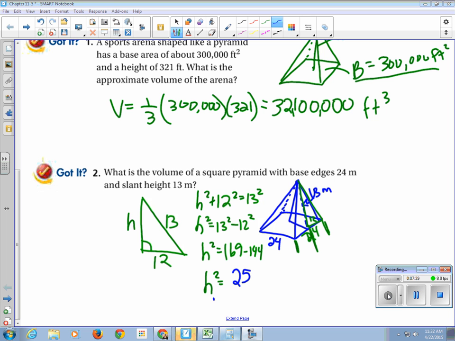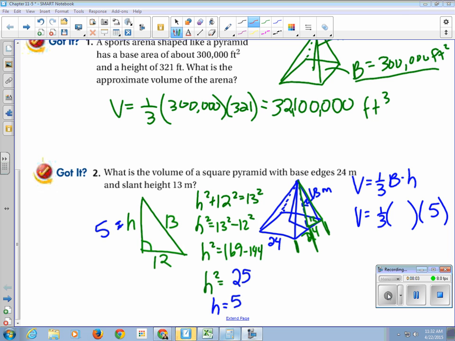H squared is equal to 25, so h must be equal to 5. So now if I'm going to use my volume formula, area of the base times the height, I now know my height. I need to calculate the area of my base.